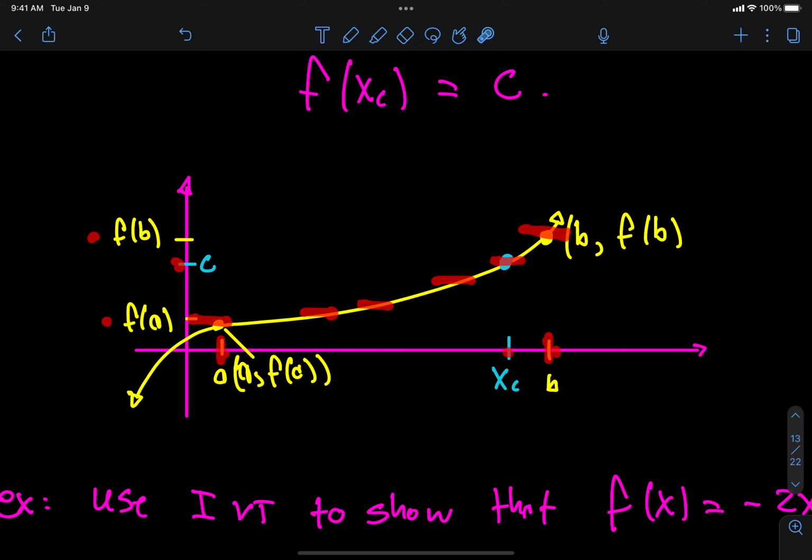This has to do with the fact that the function is continuous, right? I have to draw it without picking up my pencil, right? So no matter what height I choose in between my starting height and my ending height, there is a point somewhere in the middle that achieves that height, okay?